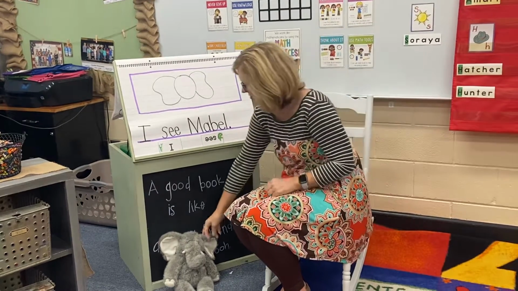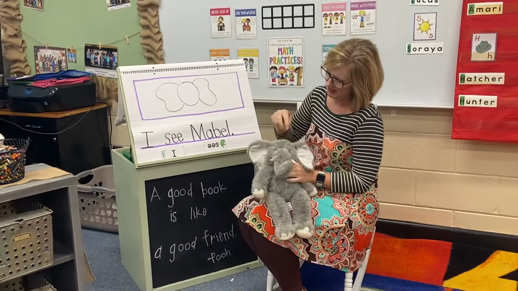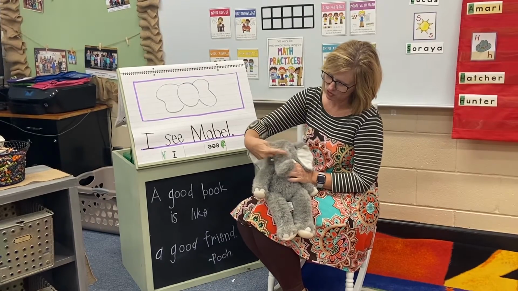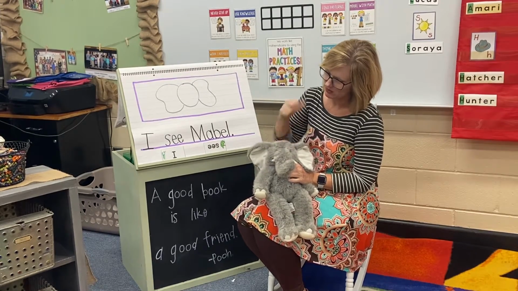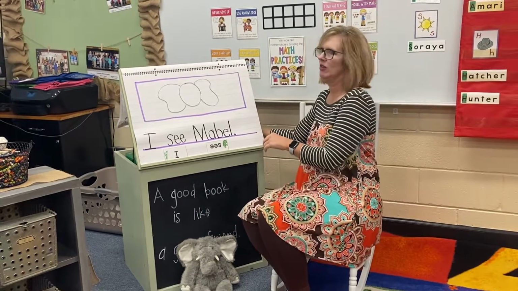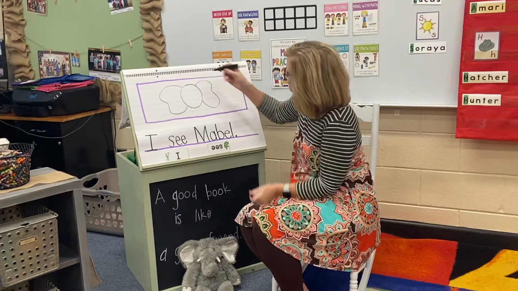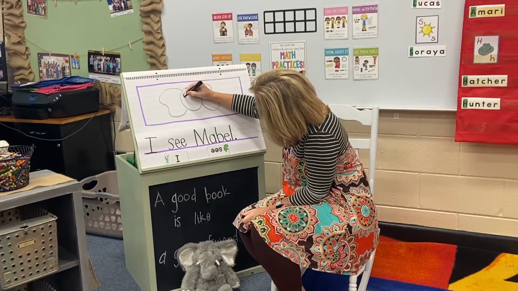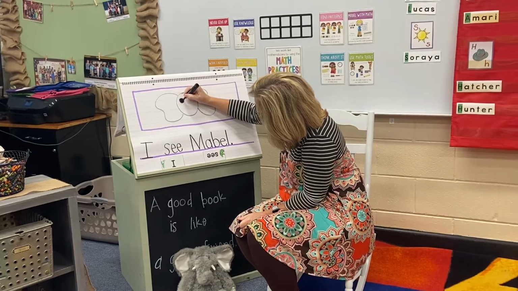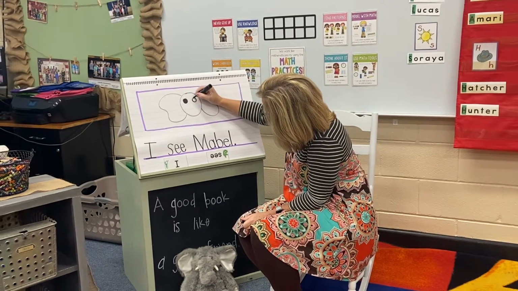Now, when I look at Mabel's face, I see that Mabel has two eyes, and I see that she has this trunk that's kind of in between her eyes right there. So I'm going to draw two eyes that look like this. I'm gonna color them in black, like this.